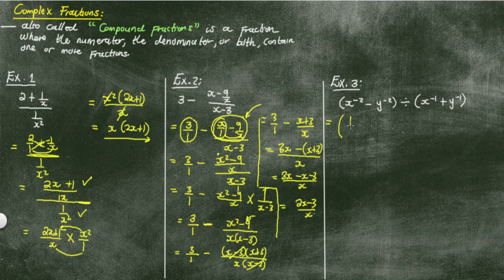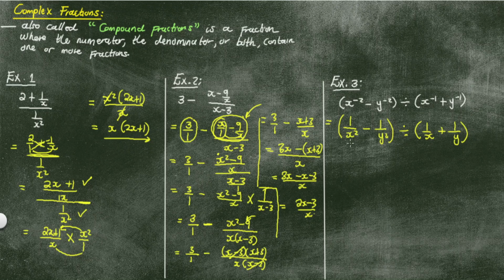So it's going to be 1 over x squared, we are applying exponential laws here, 1 over y squared, divided by 1 over x plus 1 over y, right? So this is how you turn negative exponents to positive exponents, by saying 1 over that term and making the exponent positive.